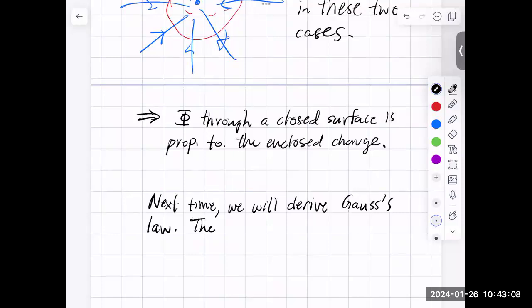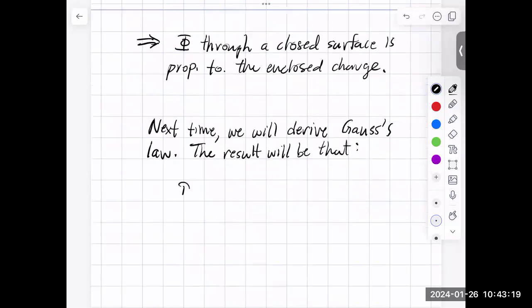I'm just going to tell you what the result will be. We already know that the flux is equal to the integral of E dot dA. Okay, that's what we did last time.